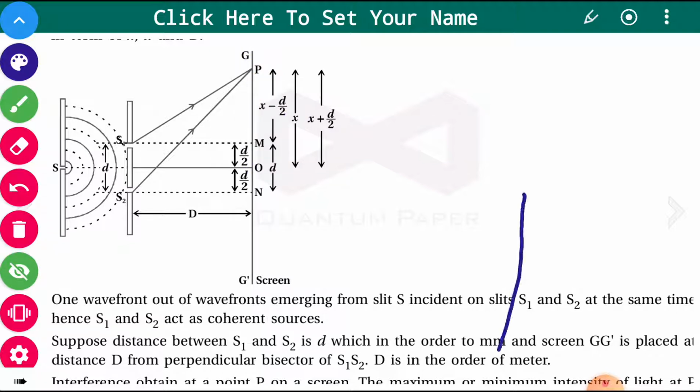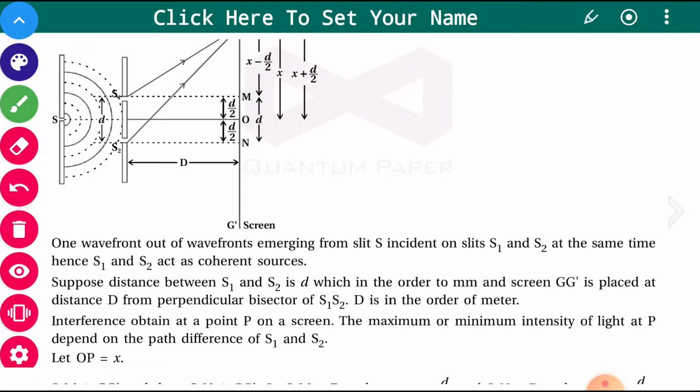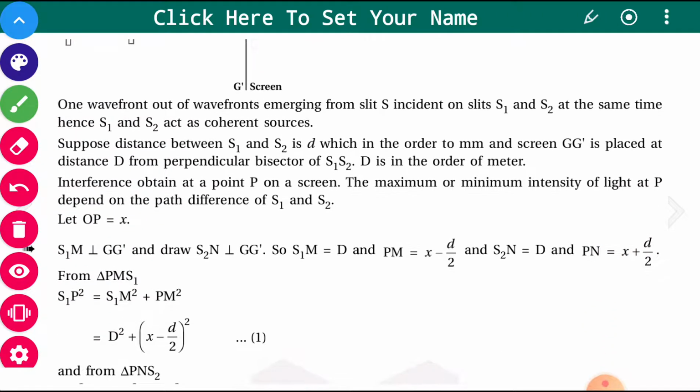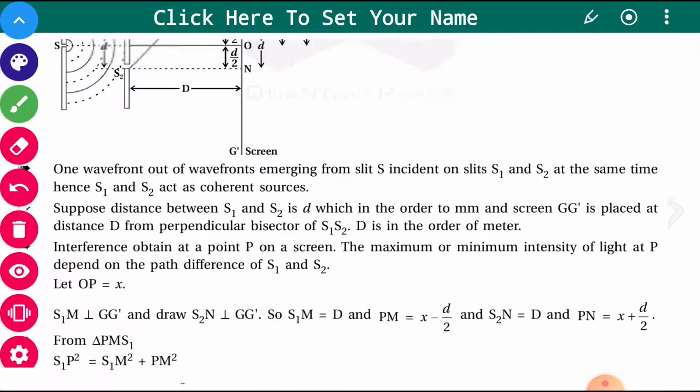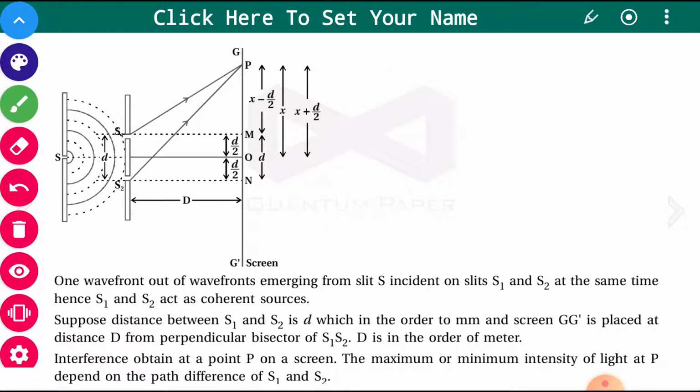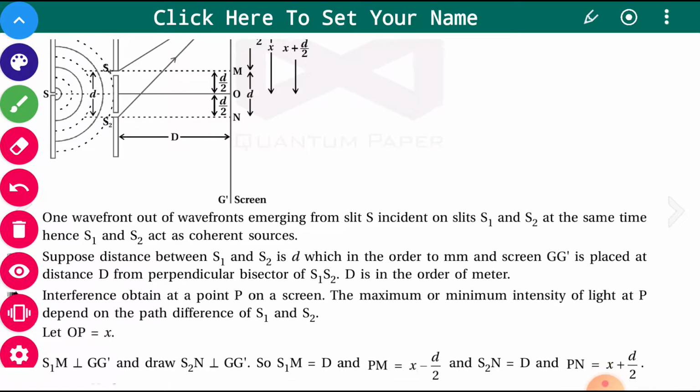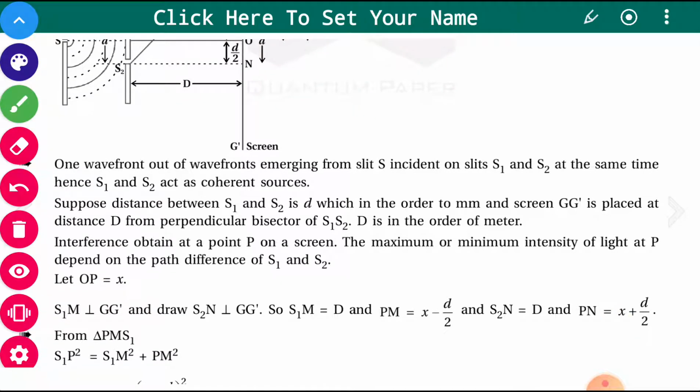So this is very clear to you. Now S1M is perpendicular to GG prime, you can see. Here S1M is perpendicular to the screen, and S1M is nothing but the distance of the screen, which is denoted by capital D.